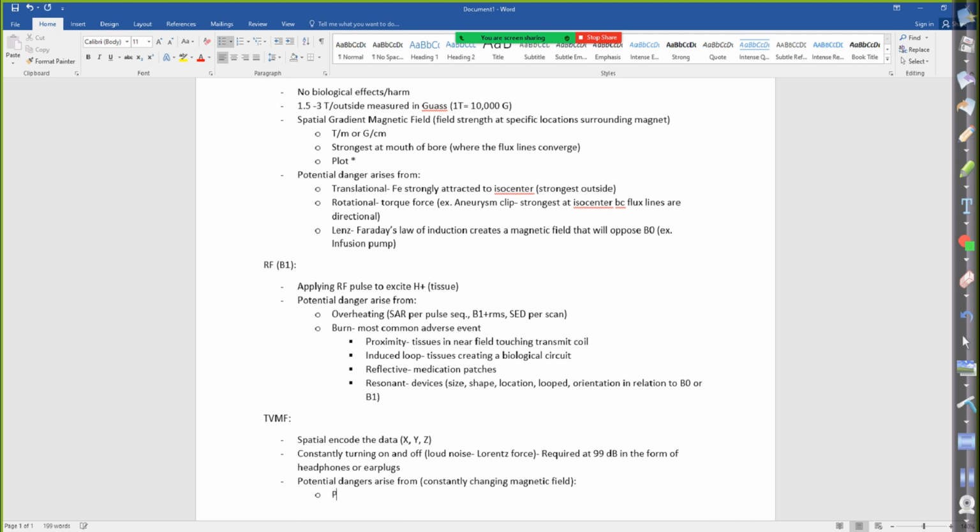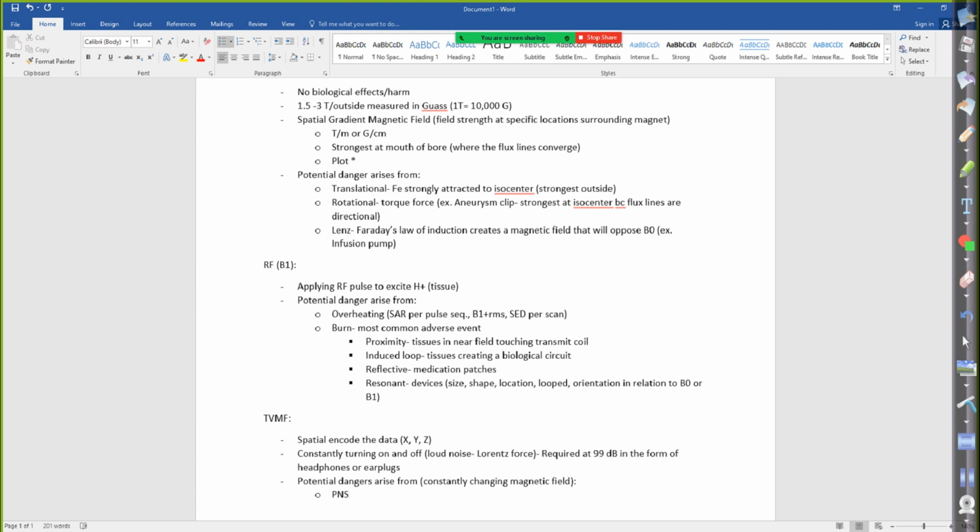Peripheral nerve stimulation. What FDA says is that we limit it only once they feel it, and we know that certain sequences can cause peripheral nerve stimulation a little bit more than others.